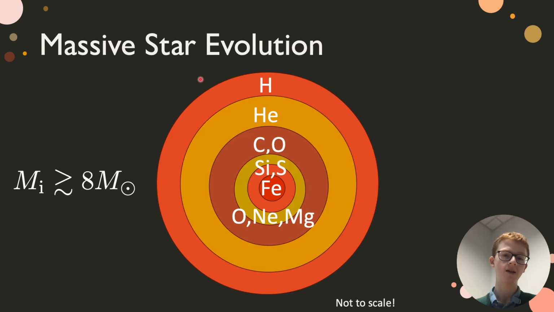This evolution happens so that we get smaller and smaller layers on the inside. So this is not to scale. It also only happens within stars with an initial mass of approximately 8 solar masses or more, and that is what defines a massive star. Now, in the simulations that I ran, there were 20 solar mass models.